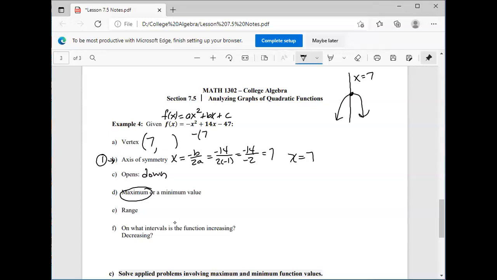So -7 squared plus 14 times 7 minus 47. I would type that in my calculator or in my brain. I'm not going to try to do 14 times 7 right now. Probably not even that hard to do, but. Okay, I'm getting 2. So that is what would go right here. So my vertex is at the point (7, 2).